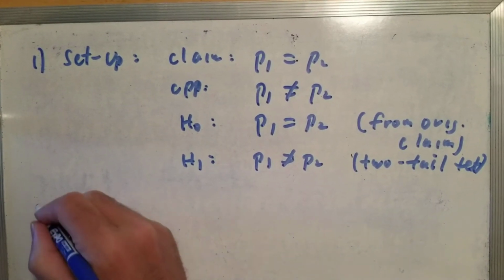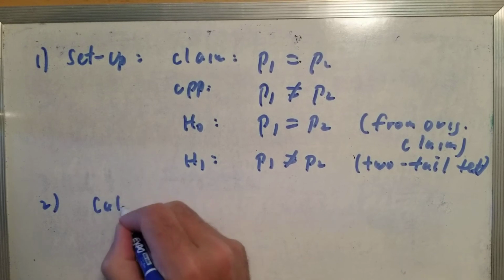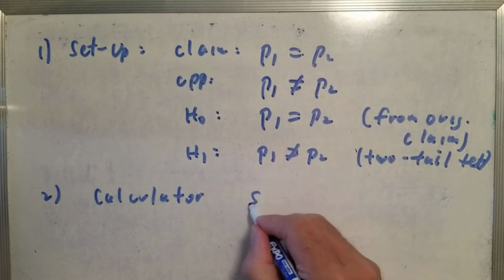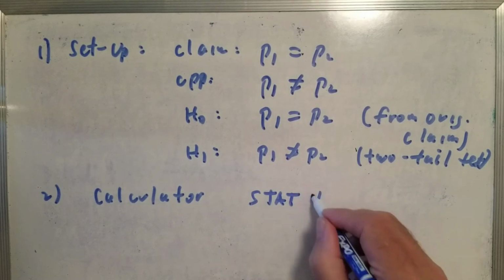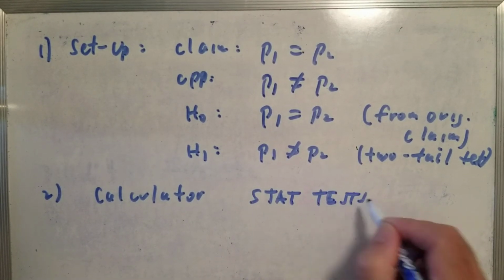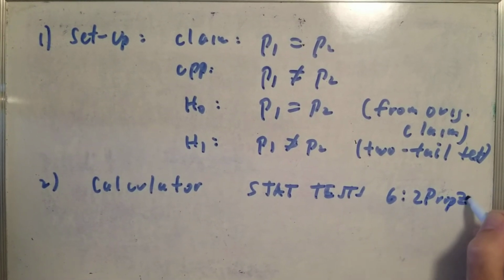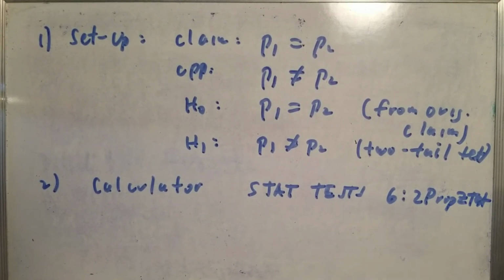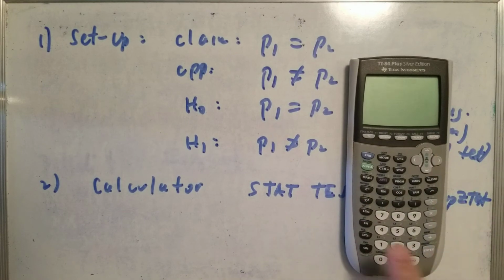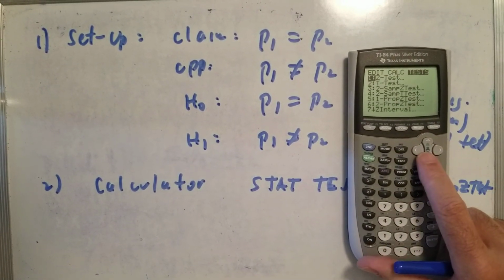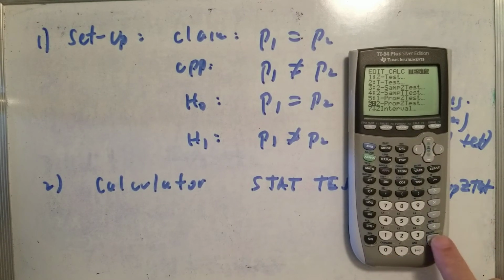There's the setup. On the calculator, I'm going to STAT, TESTS. Number 6 is 2-PropZTest.